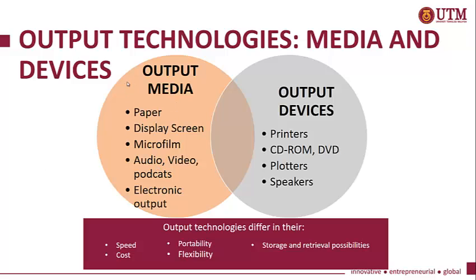And then you also can produce your output through devices. For example, you can simply print your output through the printer. You can use a CD-ROM or DVD, a floater, and speaker. And you need to remember, different output is actually unique.